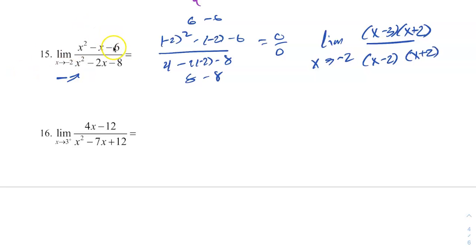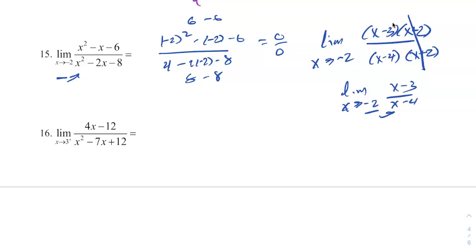I just messed that all up. X minus 4, x plus 2 is what I meant to put. These cancel. Now I have the limit as x approaches negative 2 of x minus 3 over x minus 4. Sub in negative 2. I get negative 5 over negative 6, or just 5 over 6.